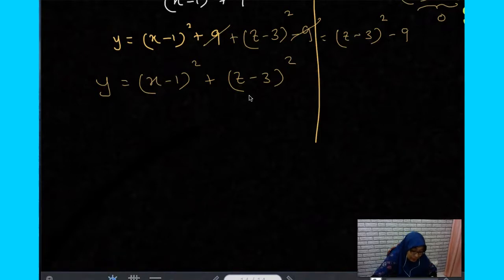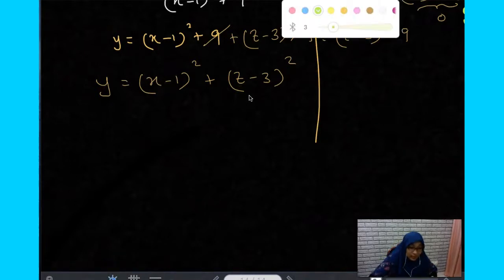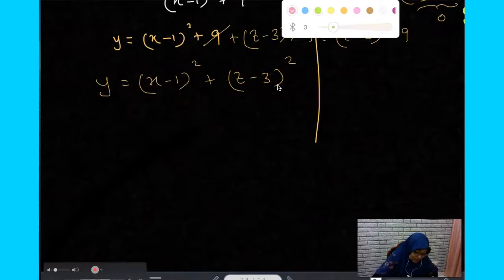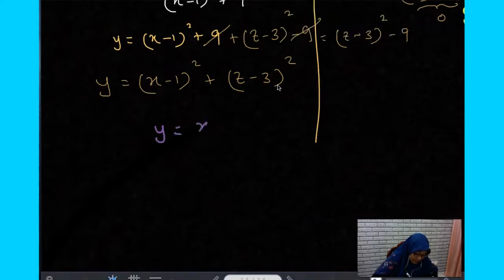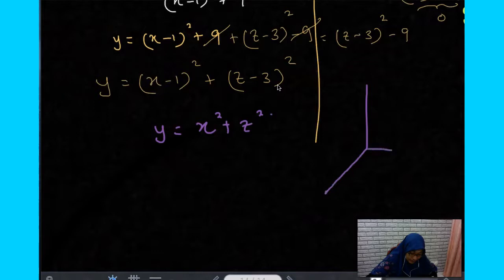So it looks like if we just ignore the minus 1 and minus 3, we can rewrite that into y equal to x squared plus z squared, which means that you have a bowl concave up and parallel to y, isn't it?